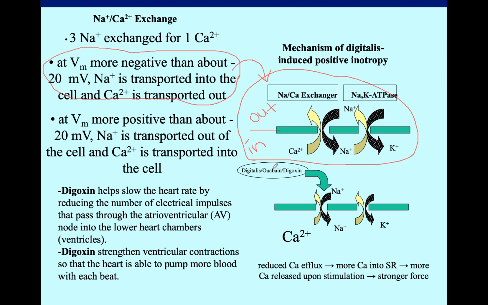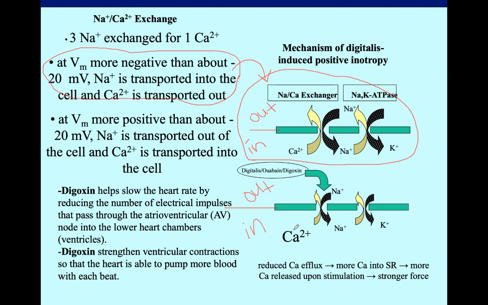Digitalis, ouabain, and digoxin. All three of these have the same function, and their function is to lower the transport rate of the sodium-calcium exchanger. So again, this is still the outside, and the other side is still the inside.